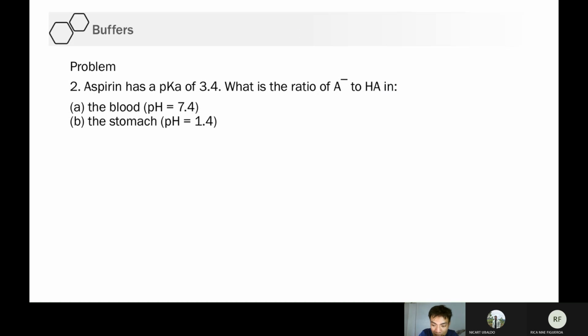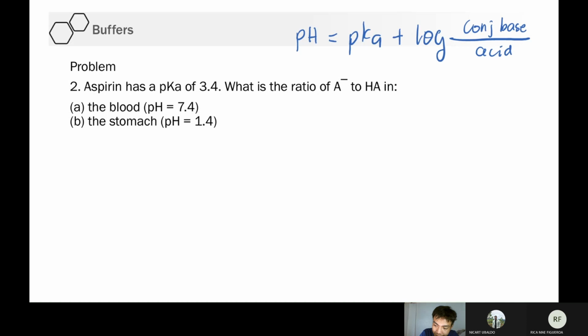'Di ba? Maalala nyo yung Henderson-Hasselbach equation. Pag nakita nyo yung sinabi na ratio nito, basically yung fraction lang na ito yung kailangan. So you have to solve for that fraction.